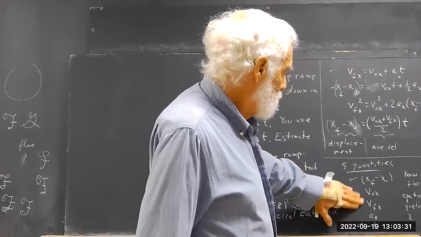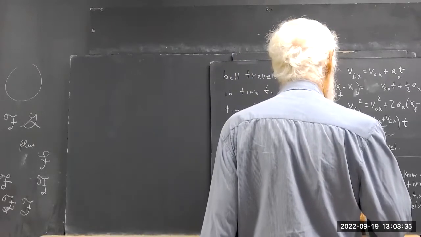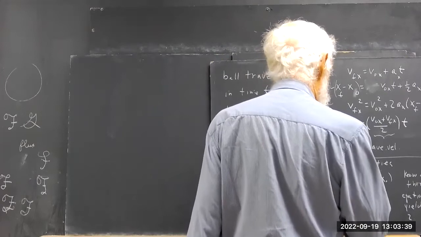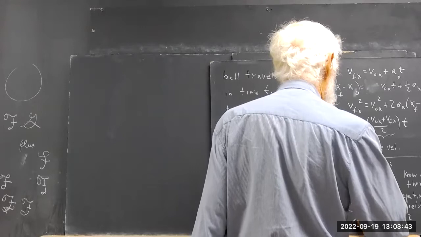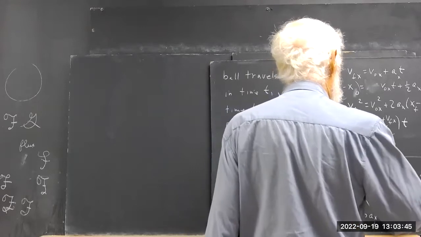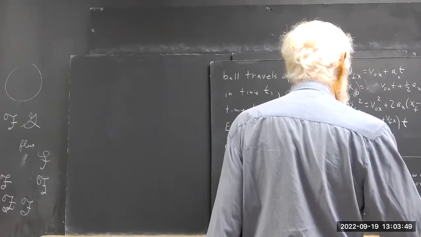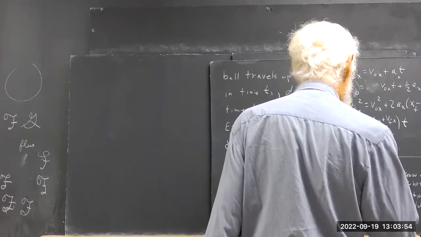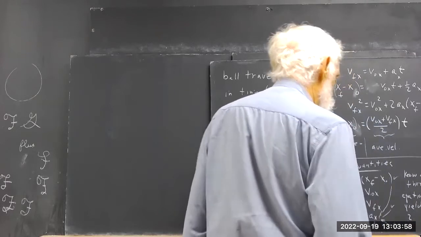So maybe in one case, we know v naught x, and that's sufficient to find the acceleration. In the other case, we know vfx and t, and that's sufficient to find the acceleration.